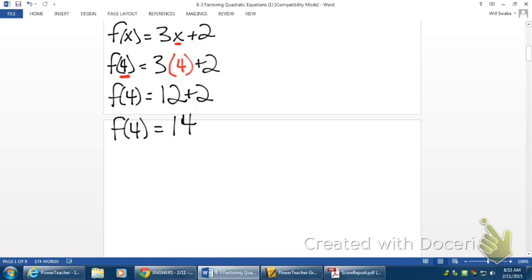That's your answer. 14. But where did you get the 4 from? That f of 4 right there, I probably should make that a little bit bigger. Do you see that, Dakota? That's a 4 right there. Okay, let's say if I'm looking for f of 4. That tells me what number I plug in.